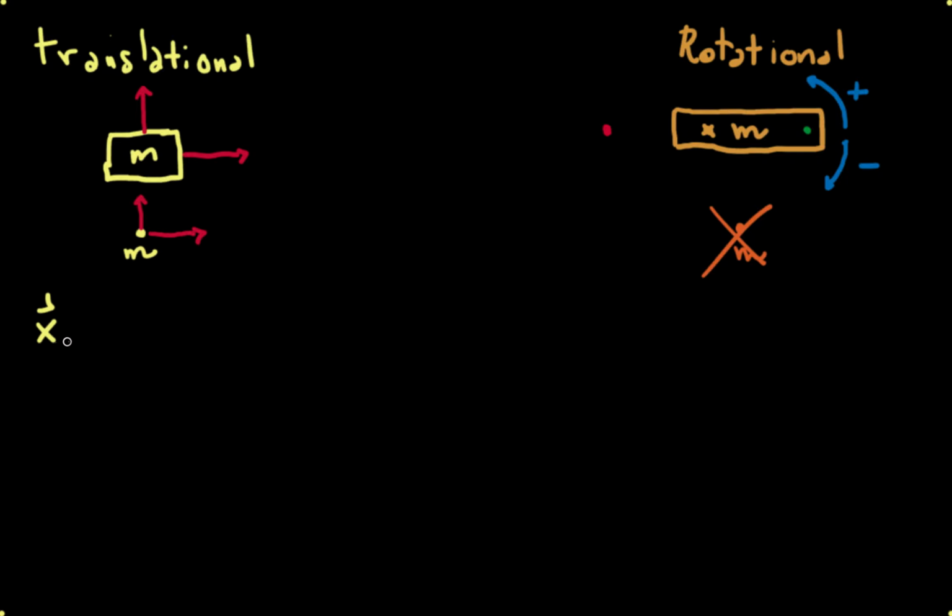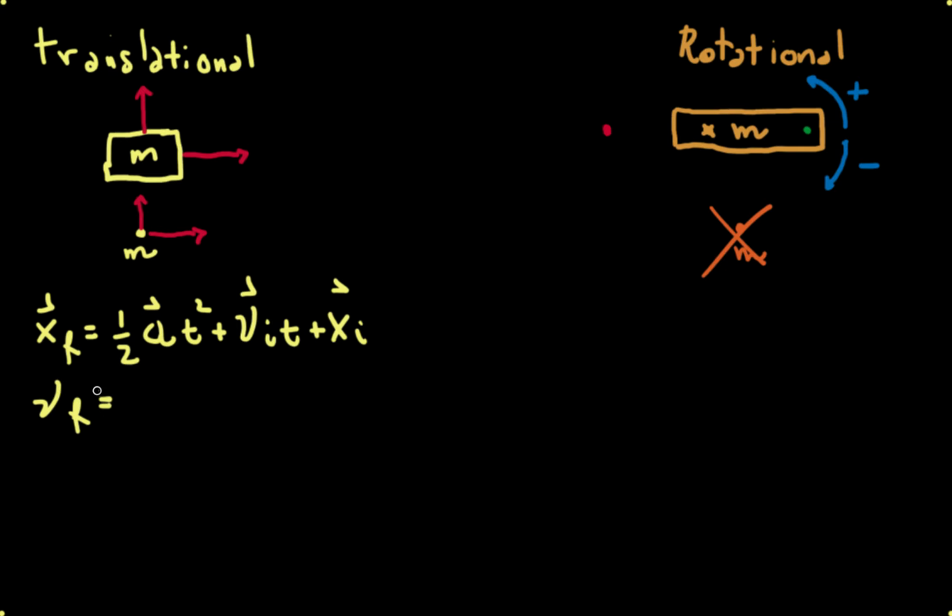So x, the displacement, equals 1/2 linear acceleration times time squared plus initial velocity times time plus initial position. And the other one is that final velocity equals the linear acceleration times time plus initial velocity.